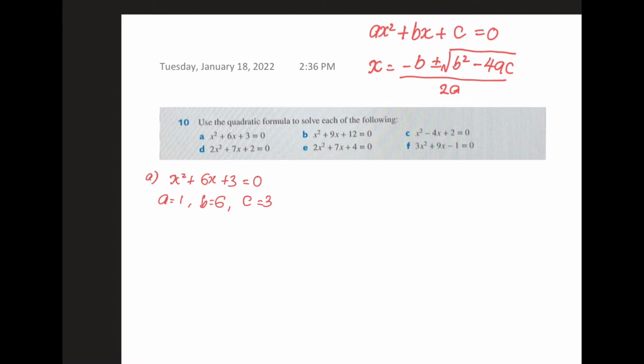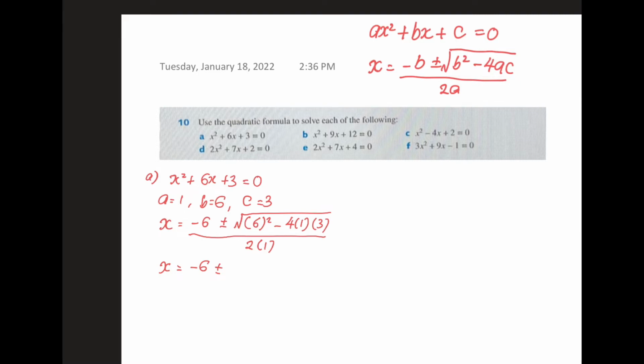And after that, to find the x value, we use the quadratic formula, minus b plus minus square root of b squared minus 4ac, over 2a. So x equal to minus 6 plus minus.